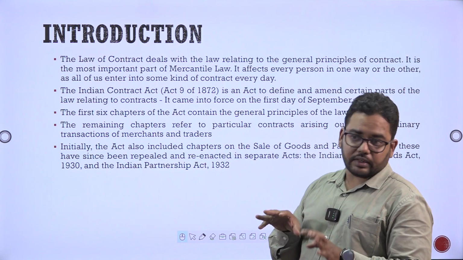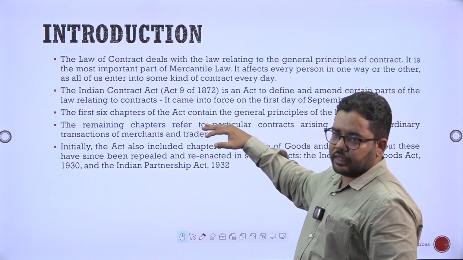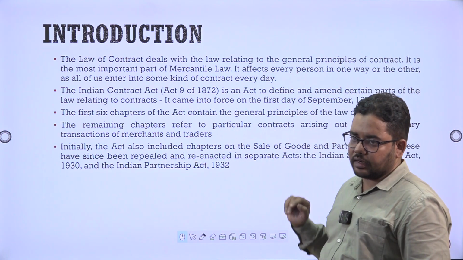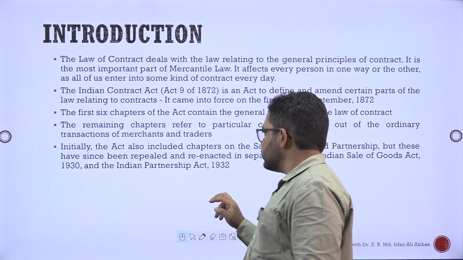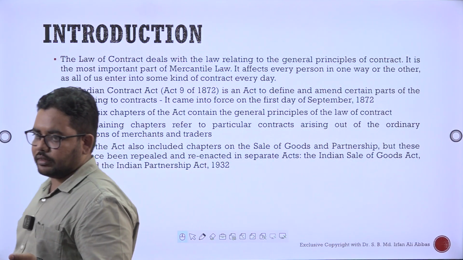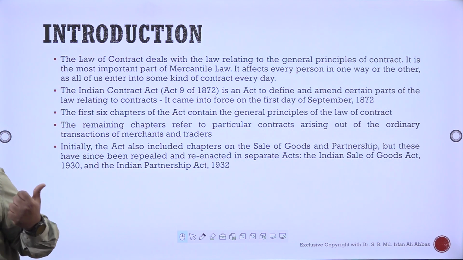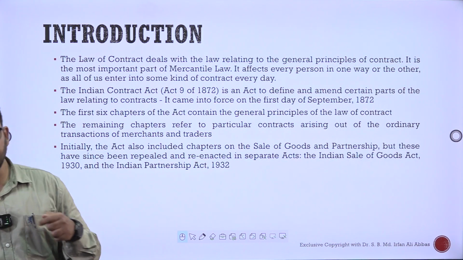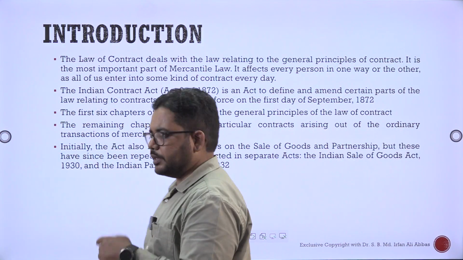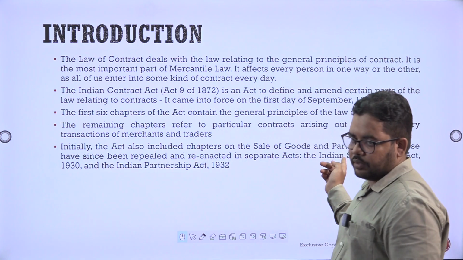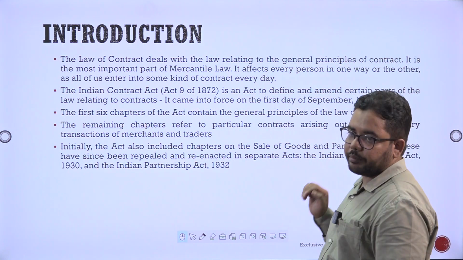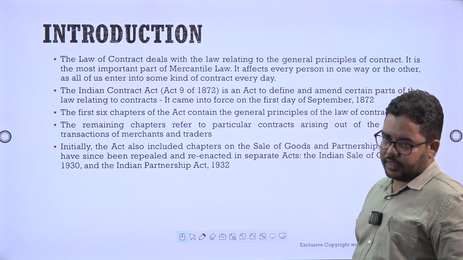They have identified certain types of contracts, and the essentials and other aspects of those special contracts are discussed in the remaining chapters. Earlier, initially, the Act also included chapter 7 on sale of goods, which is the sale of movable property. But subsequently we have a separate enactment now, the Sale of Goods Act 1930. There was also a chapter on partnership in the Indian Contract Act itself.